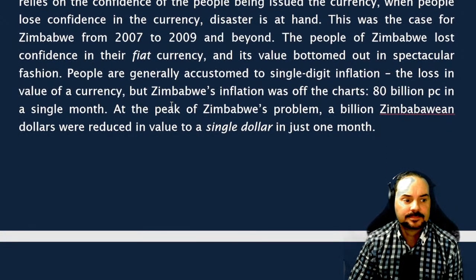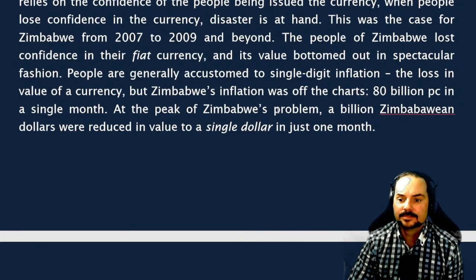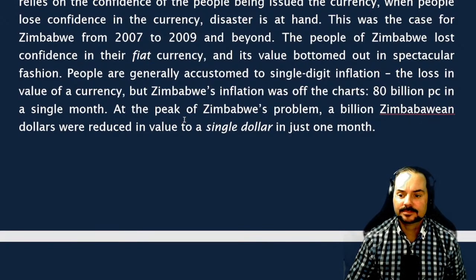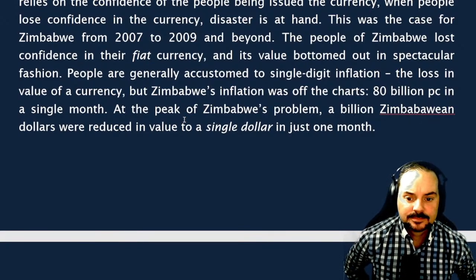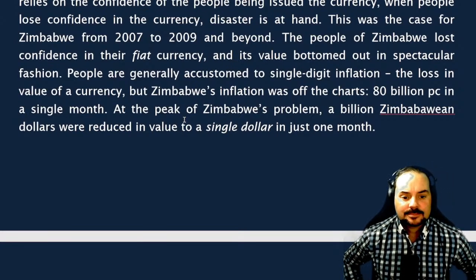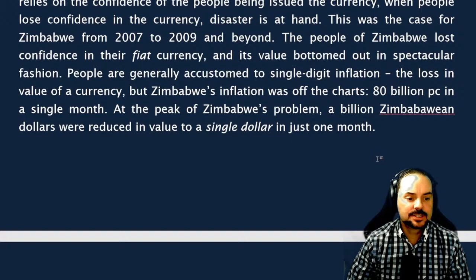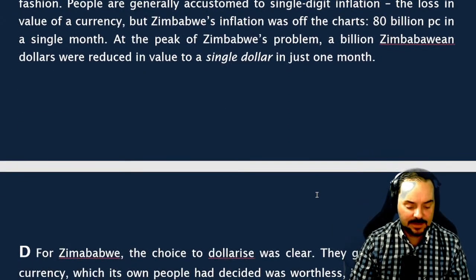But Zimbabwe's inflation was off the chart, 80 billion percent in a single month. At the peak of Zimbabwe's problem, a billion Zimbabwean dollars were reduced in value to a single dollar in just one month.